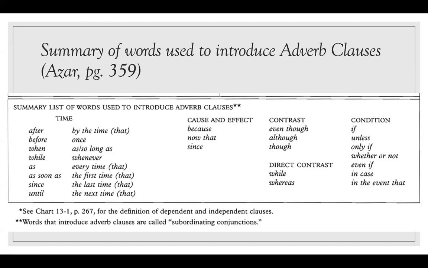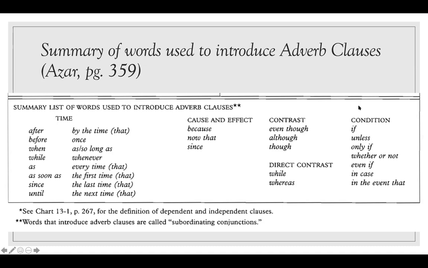Or it can provide a condition: if, unless, only if, whether or not, even if, in case, in the event that. This condition can answer the question how, in what cases: if, unless, only if, whether or not, even if, in case, in the event of, in any event. It's condition.